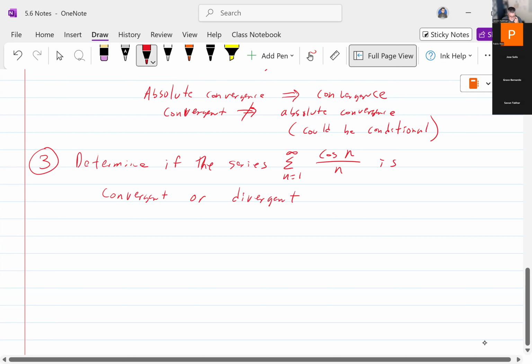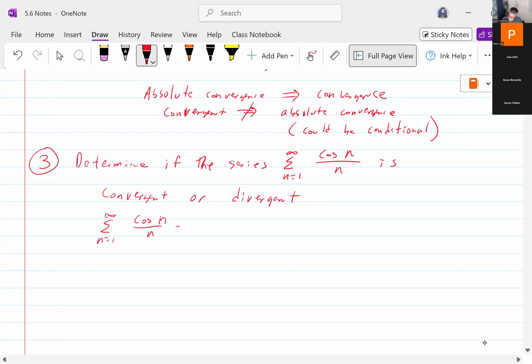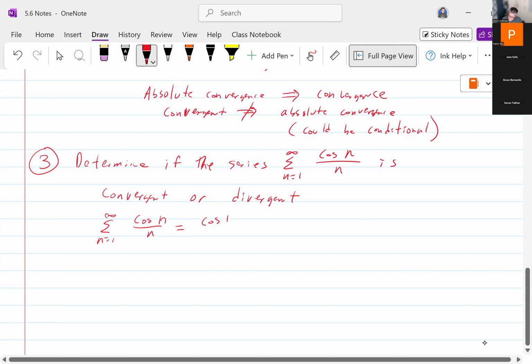So let's look at the series n equals 1 to infinity of, this is cosine n over n, equals cosine 1 over 1 plus cosine 2 over 2 plus cosine 3 over 3 plus cosine 4 over 4 plus dot, dot, dot.